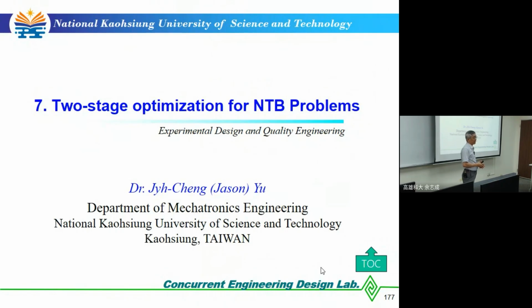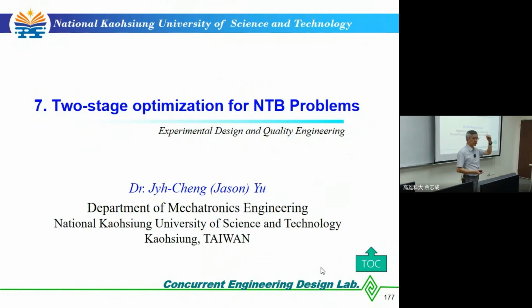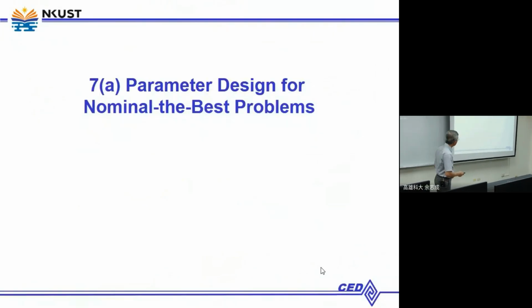We know that this first stage optimization finds the maximum SN combination, which will not guarantee our output will be at the target value. Therefore, in order to move this output value to the target value, we need to do the second stage optimization. This is what I'm going to introduce here.